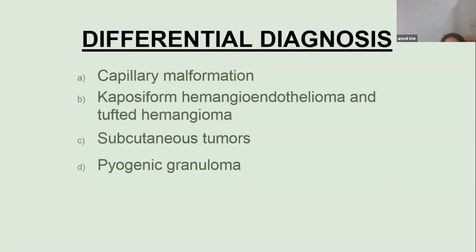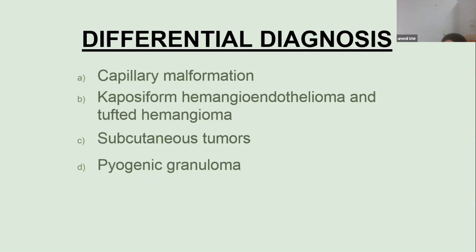Okay, second one is Kaposiform hemangioendothelioma and tufted hemangioma. So this one is rapidly proliferating tumor, and they are usually associated with Kasabach-Merritt phenomenon. Okay, then deep subcutaneous tumor, particularly when there are no overlying skin changes present.